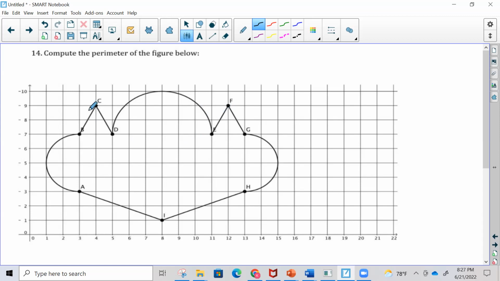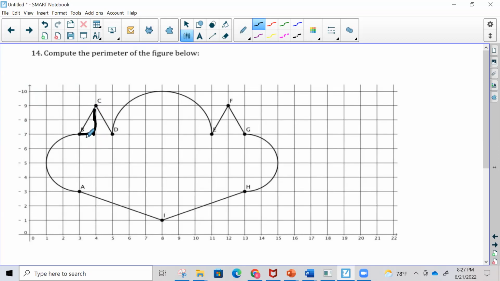So if we start kind of with the triangles, what we can do is we can find the length of these segments by creating a right triangle and then doing the Pythagorean theorem.